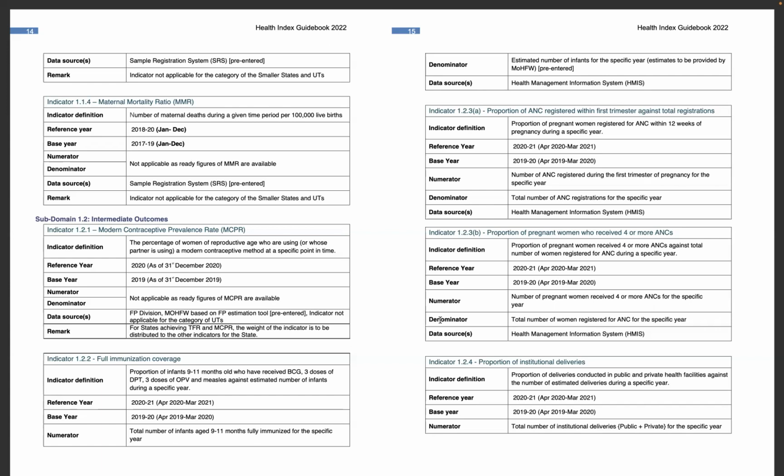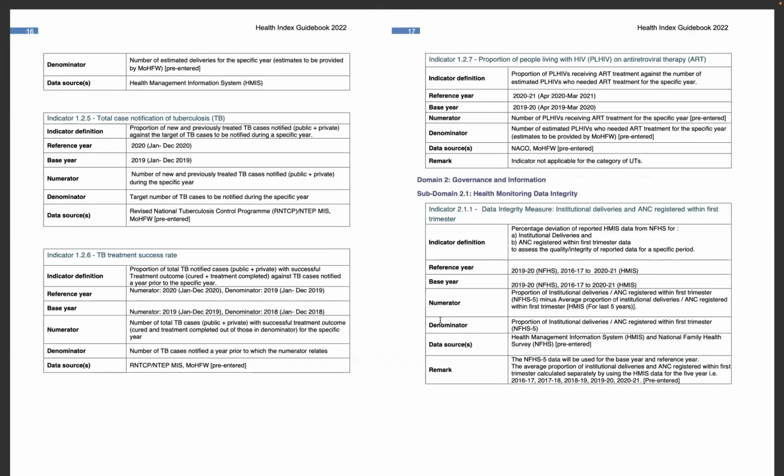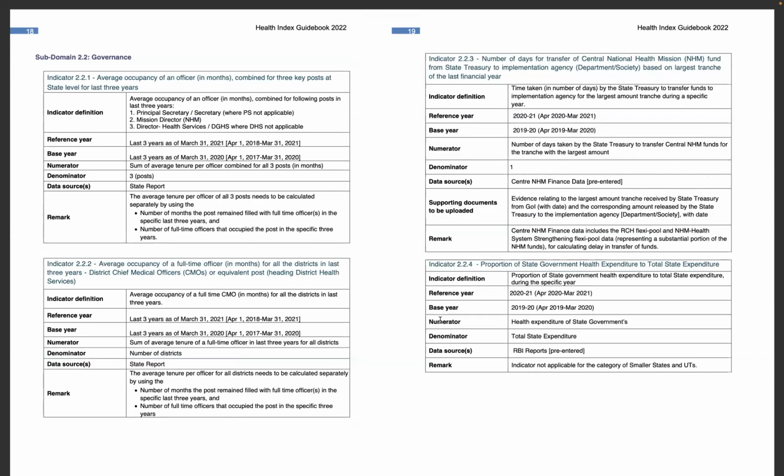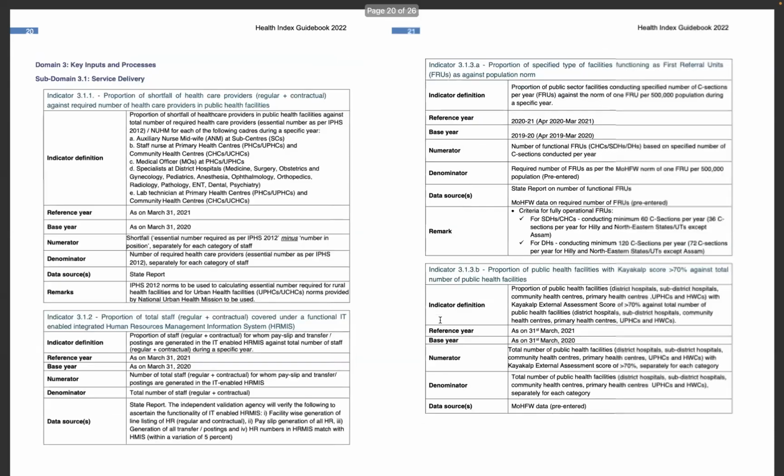Please move to the next. Governance model. Likewise, they are putting it in that. Move to the next. Input resources.